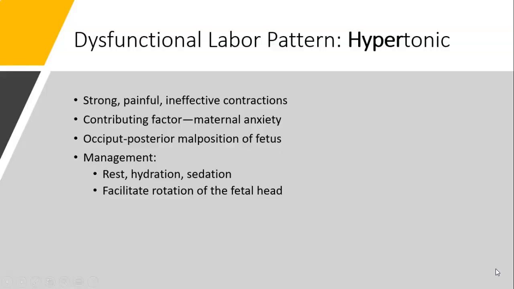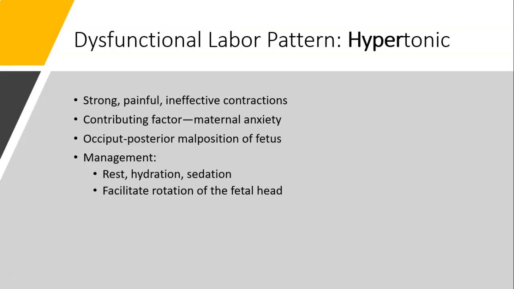So dysfunctional labor patterns, there are two, hypertonic and hypotonic. Hypertonic is generally when labor contractions are strong and often painful, but are ineffective in producing cervical effacement and dilation. So even though the woman is having these strong contractions, she's not progressing in labor to be able to deliver the fetus.